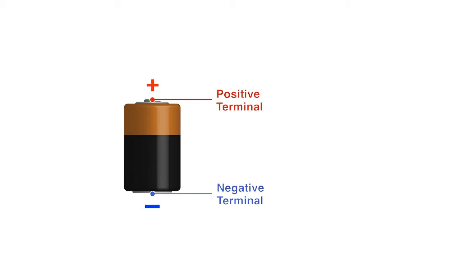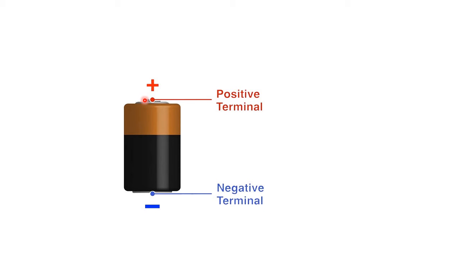Okay children, what can you see in this picture? Yes, a cell. A cell pushes electricity in a circuit. The cell has two ends, this one end and this is another end. These ends we call terminals. This is the negative terminal.